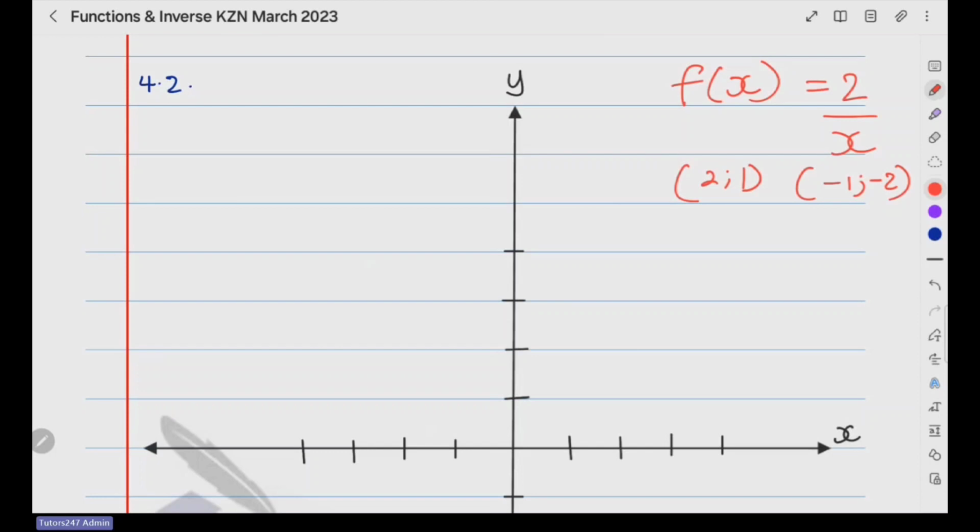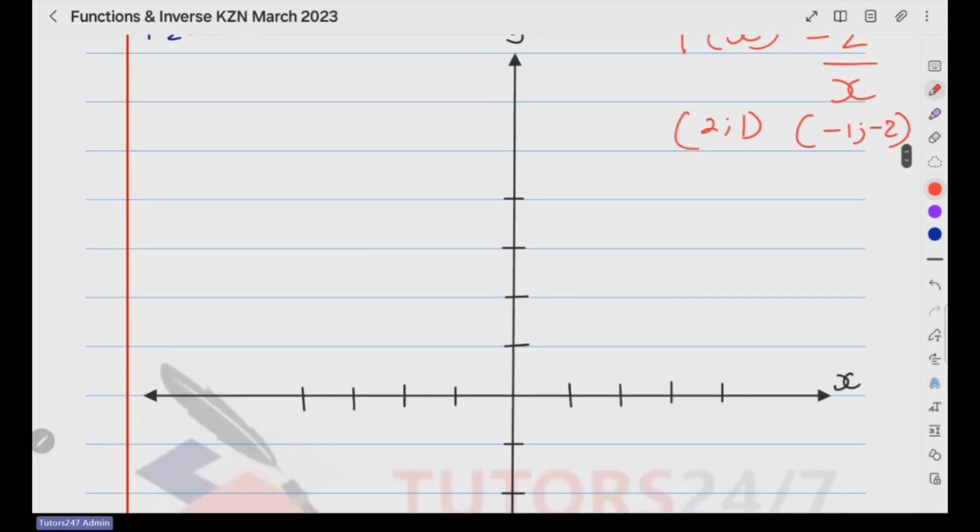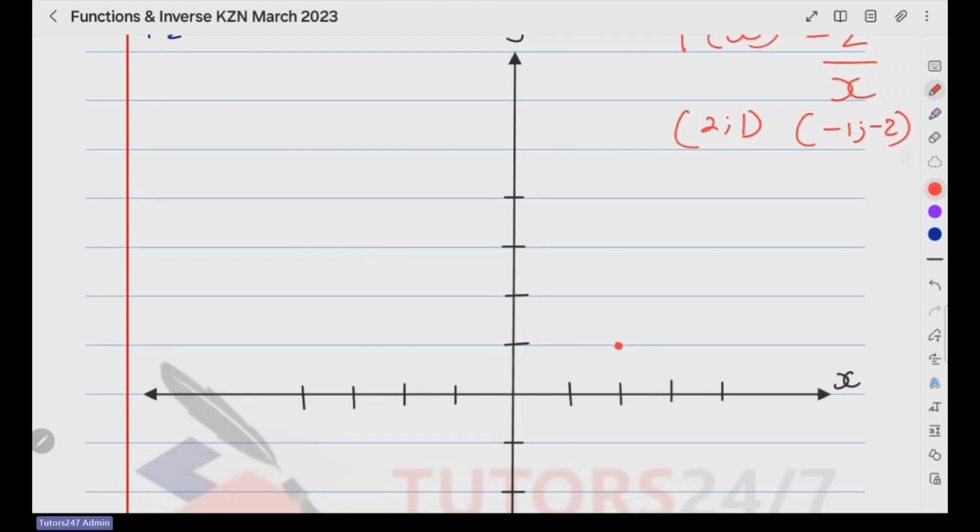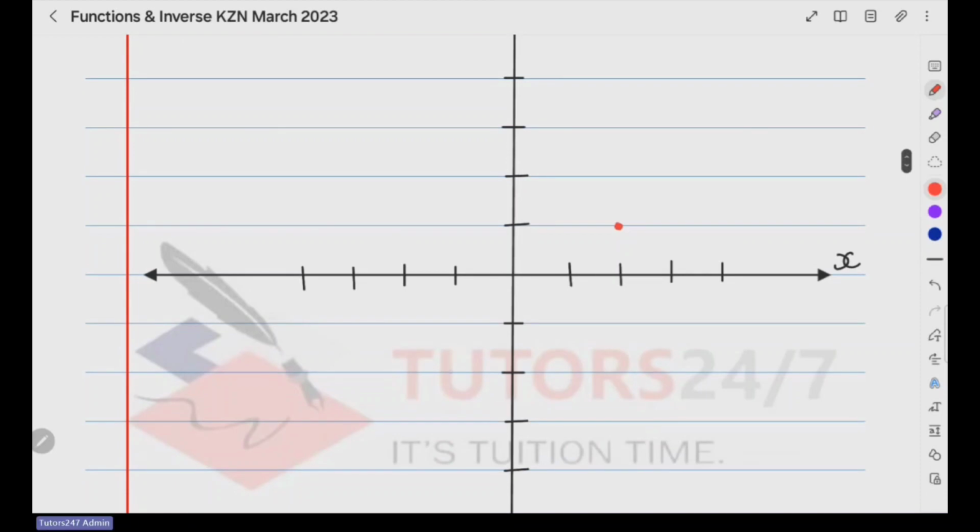So we are going to plot these coordinates. The first one is at (2, 1). So we make a dot at (2, 1), that is over here. The next one is at (-1, -2). So that is over here.